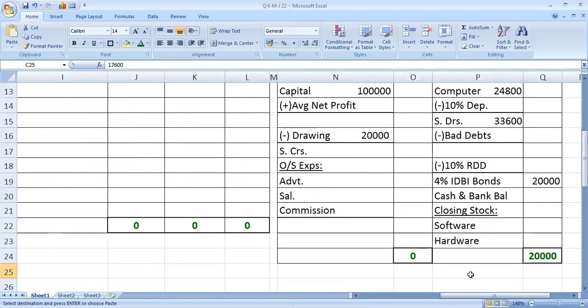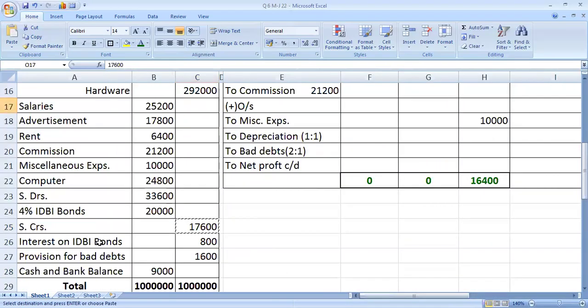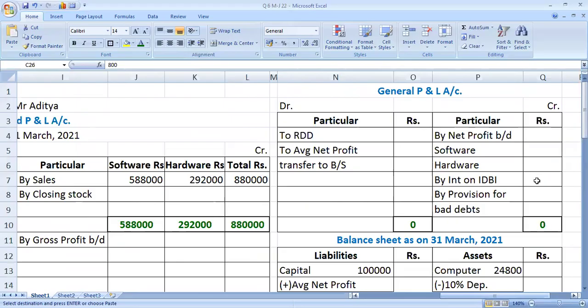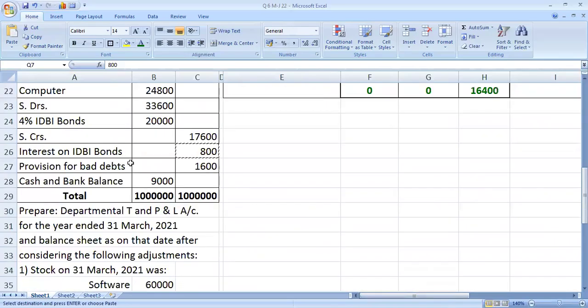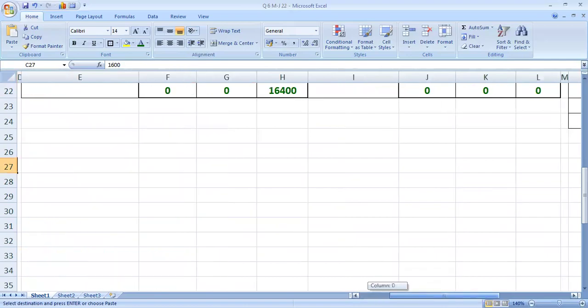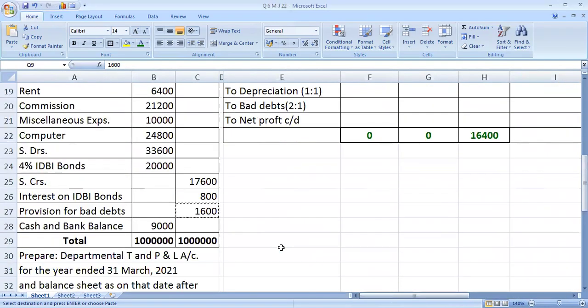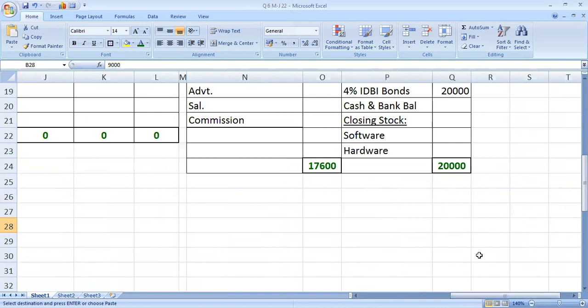Effect goes to the balance sheet liability side. Interest on IDBI bonds 800. Effect goes to the general profit and loss account credit side. Provision for bad debts 1,600. Effect goes to the general profit and loss account credit side. Cash and bank balance 9,000. Effect goes to the balance sheet asset side.